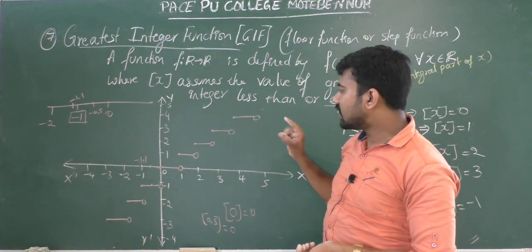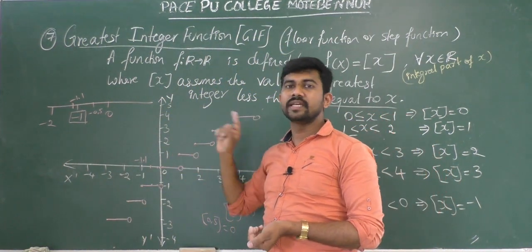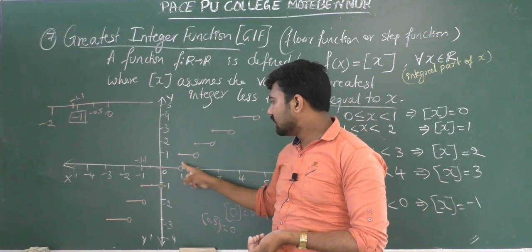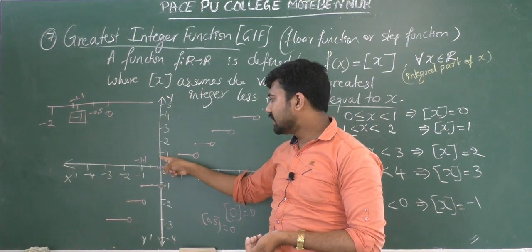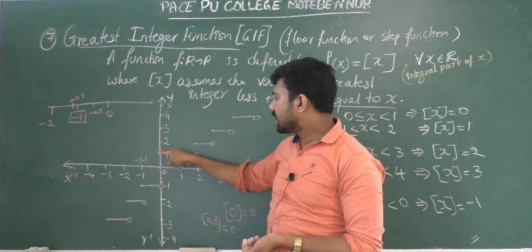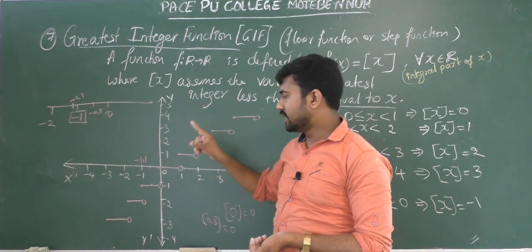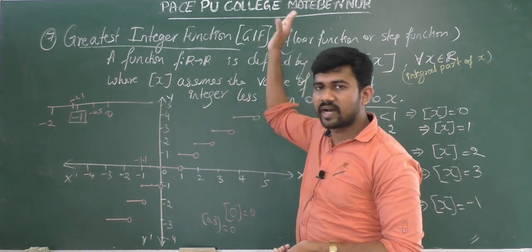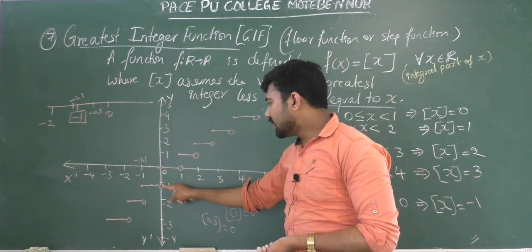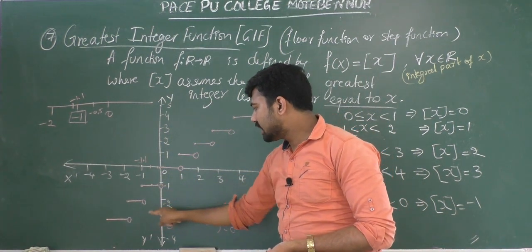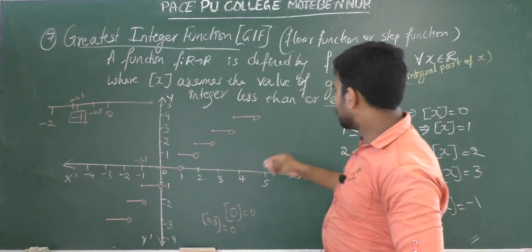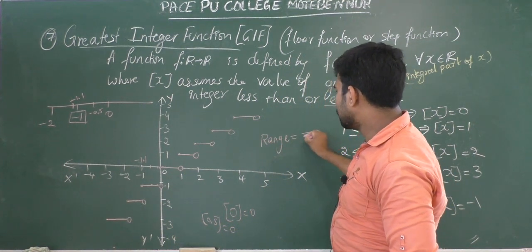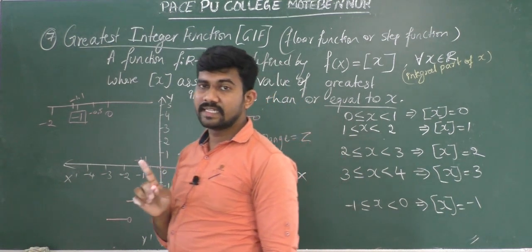In this graph, the elements included in the range are these: 0 is included, but this is not included. Next 1 is included. Again the points between 1 and 2 are not included. So 0, 1, 2, 3, 4, 5 and so on are included. Similarly -1, -2, -3 and so on are included. Those are nothing but the integers.